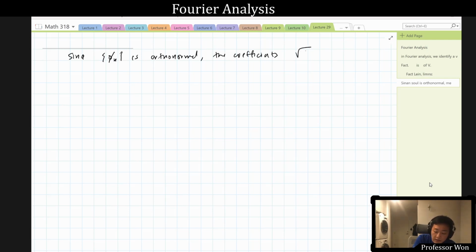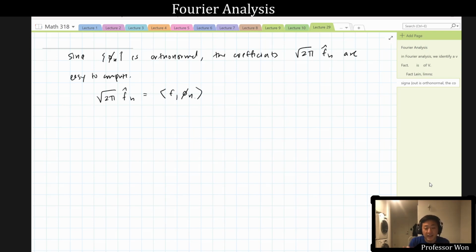The coefficients root 2 pi times f hat n are easy to compute. Namely, this coefficient is just the inner product of f with phi sub n. You can actually compute this just using the fact that phi sub n is orthonormal. Basically, all the terms cancel except for the phi sub n one, where you'll get a coefficient of 1, and so it'll pick out that coefficient.